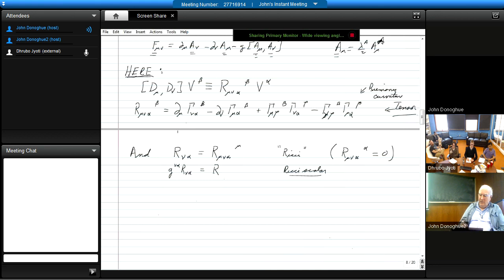Okay, these guys are also tensors. The first guy was a tensor, so contracted indices keep it a tensor. And the G mu nu keeps it a tensor. So these guys are tensors. This guy is a scalar. In other words, it doesn't change under coordinate transformations.